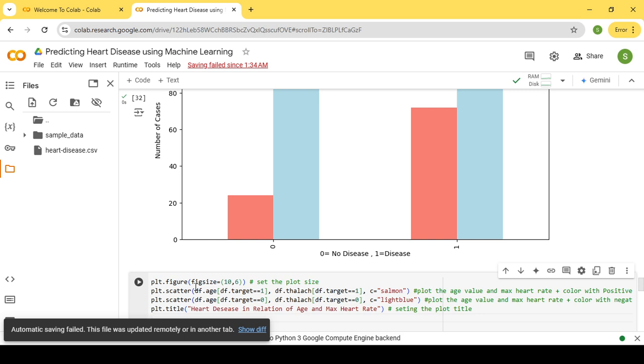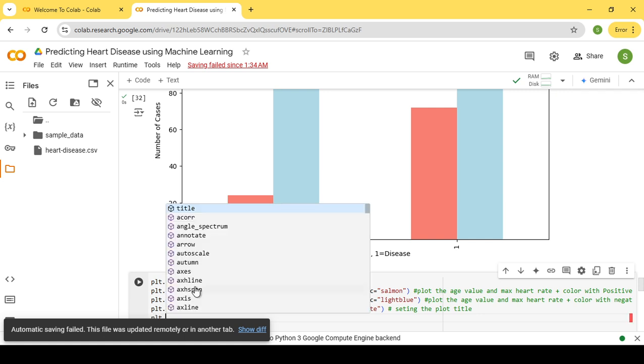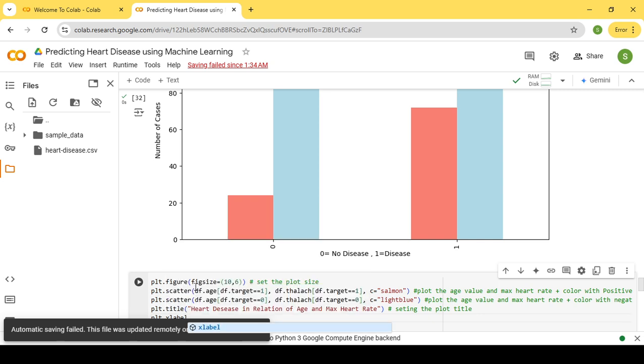What else do we have? Also, let's put some labels on the x-axis. So plt dot xlabel equal to age.